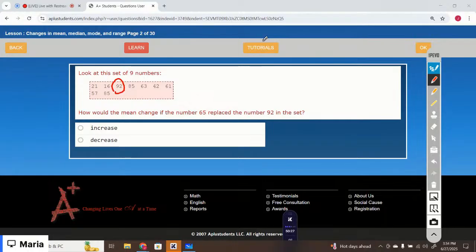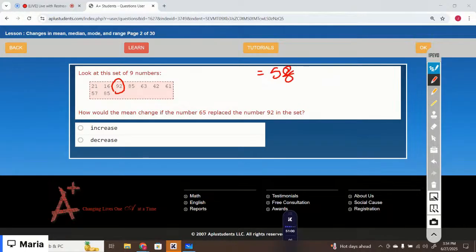That is 21 plus 16 plus 92 plus 85 plus 63 plus 42 plus 61 plus 57 plus 85. We have 9 numbers. 522 divided by 9, that is 58, right?